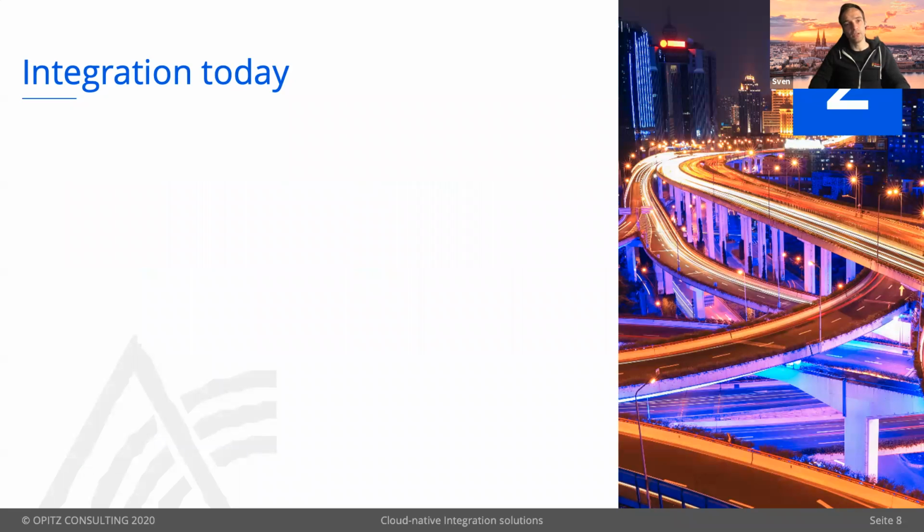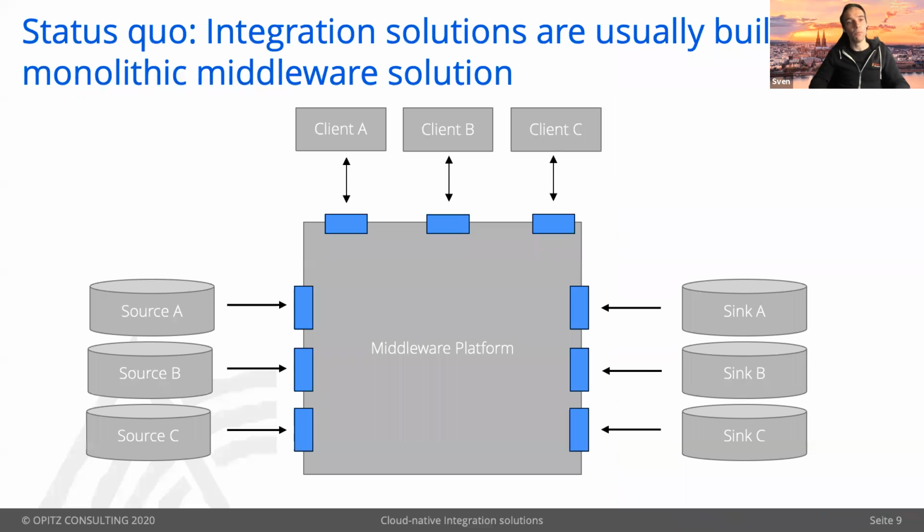If I look into the integration solutions we built until now, oftentimes we started with a monolithic middleware platform, which is the basis for building integration solutions. So where we connect different sources to different targets, where we provide services for different clients or consumers.